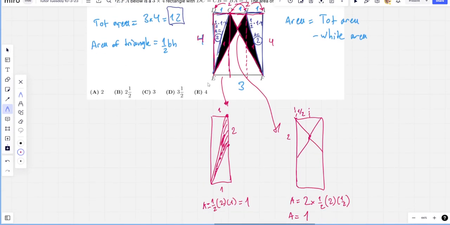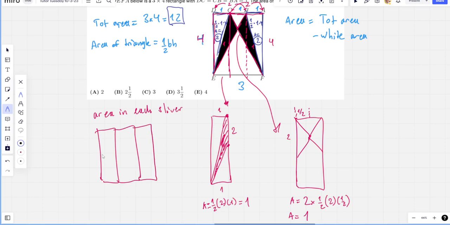So the area in each sliver, right, I've split it up into these 3 kind of sections that look like this. You're going to have an area of 1, 1, and 1, so the total area should be 3.